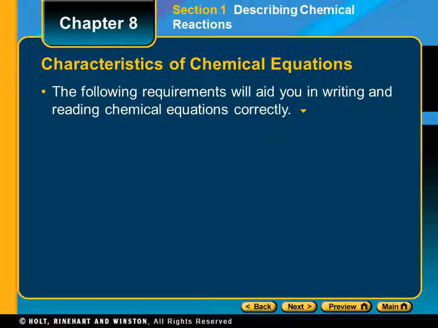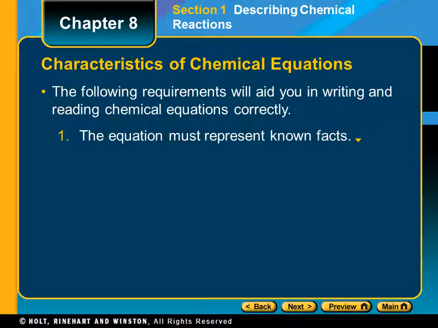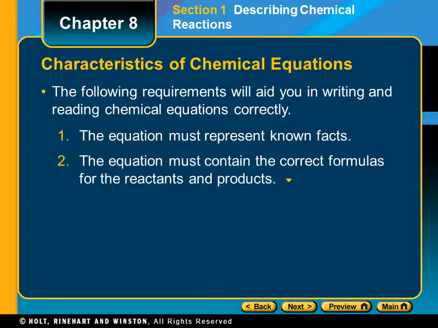So what are the characteristics of chemical equations? Think about these as requirements or rules, and they'll help in writing and reading chemical equations correctly. The equation must represent known facts, so it must be showing you something that is known. It must contain the correct formulas for the reactants and products.